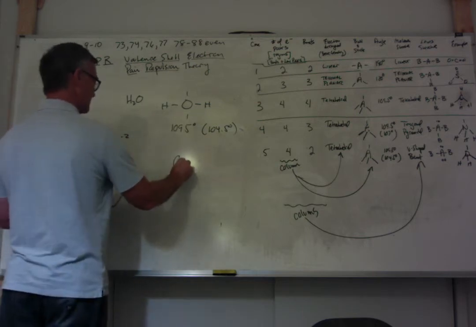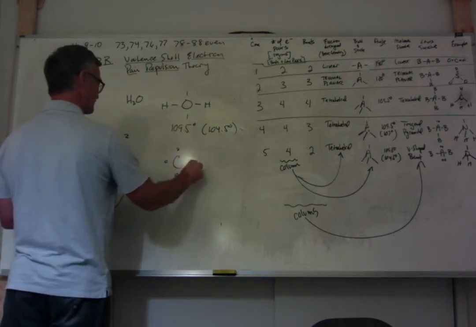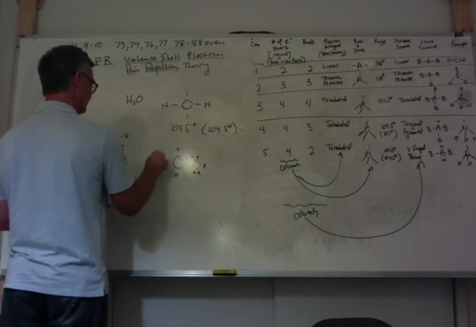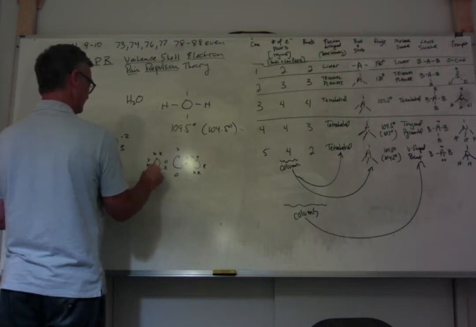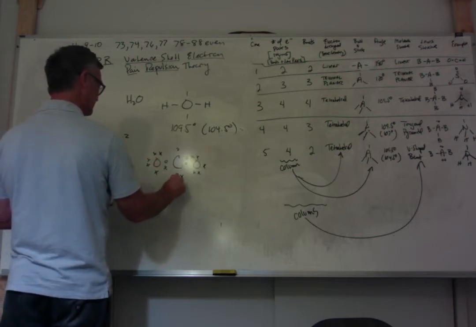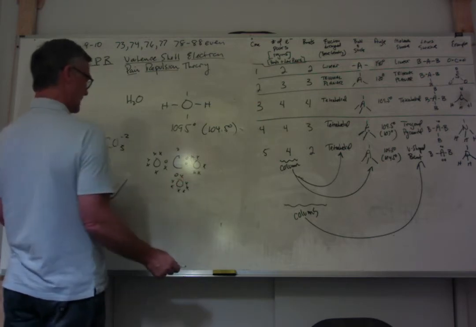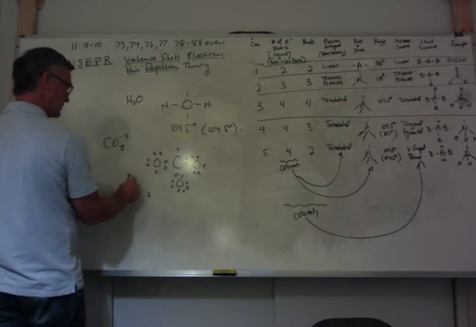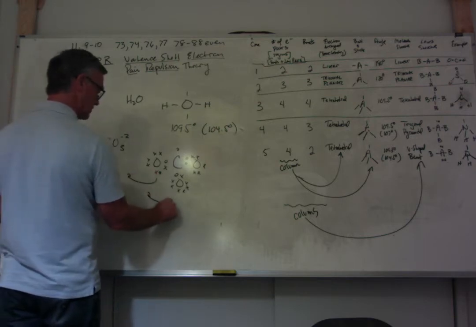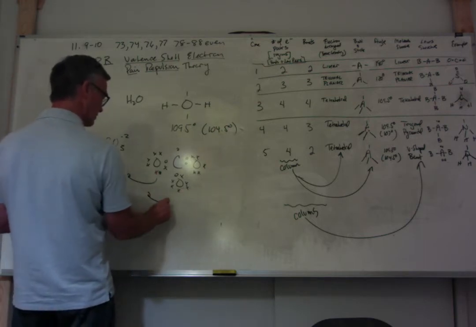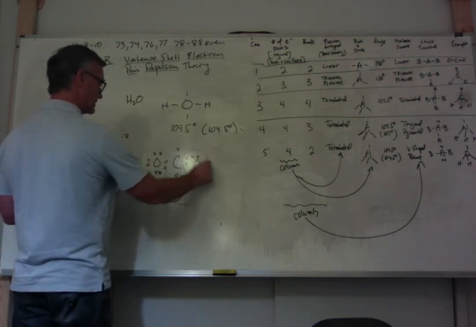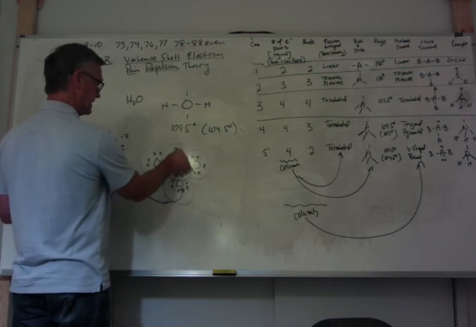So we would need to do carbon, oxygen, and another oxygen, and another oxygen, and we can take 2 electrons and we can move 1 electron in here and 1 electron over here. And so I have 8, 8, but here I have 7, and here I have 7. So we're going to have to make a double bond.